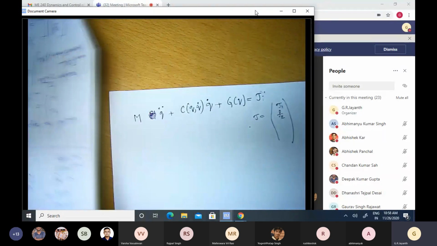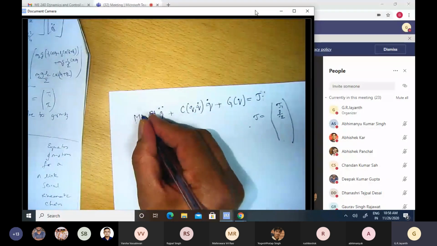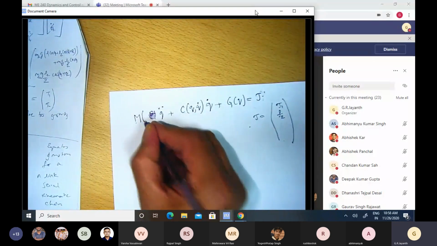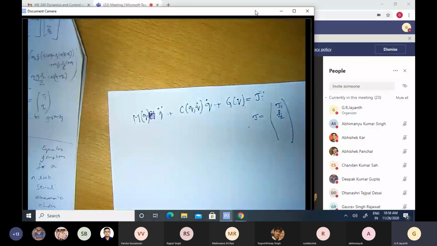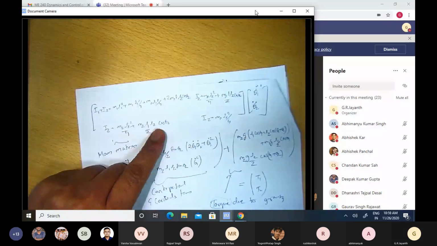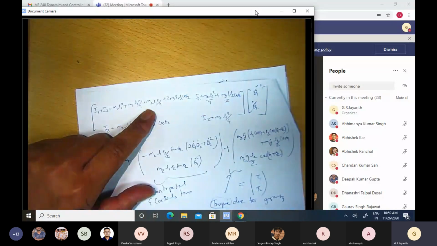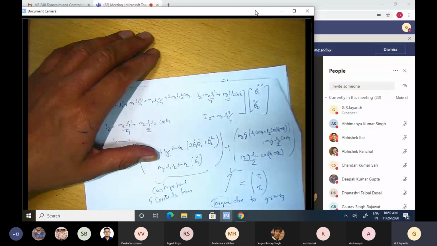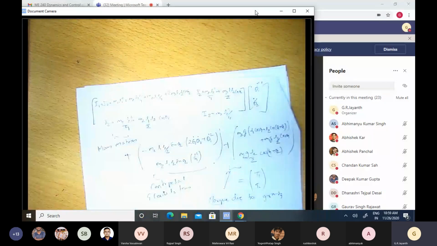Therefore, in general, the mass matrix M is not a constant matrix. It's a function of the generalized coordinates. You notice that the mass matrix doesn't have any of the rates of change of generalized coordinates. You don't have theta 2 dot, you don't have theta 1 dot. Such terms do not appear in the mass matrix. It only is a function of the generalized coordinates, theta 2, theta 1, and so on.